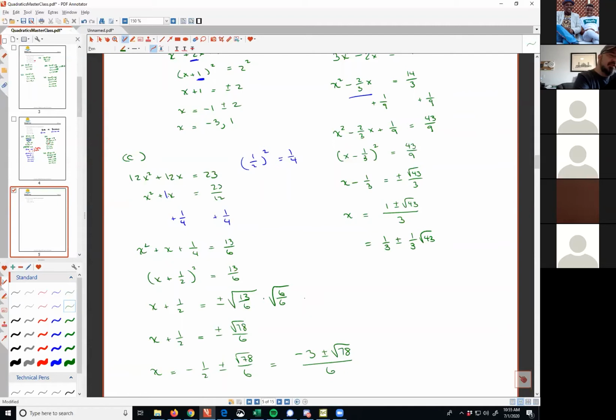Now we can bring the square roots together and say 13 times 6 over 6 times 6. And that gives us the square root of 78 over 6 squared. Now we can rewrite that as the square root of 78 over the square root of 6 squared. But we can take the square root of 6 squared. That's just 6.